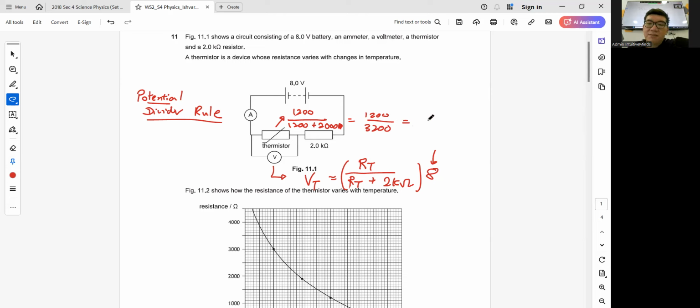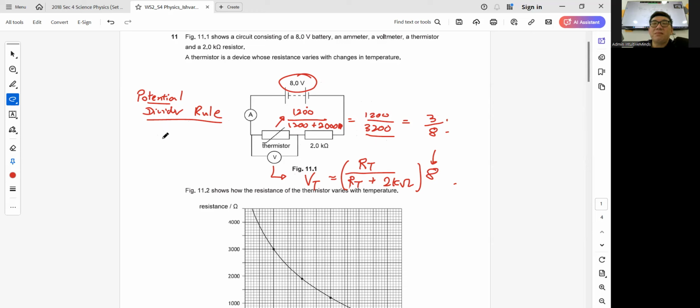Let's calculate that. Give me in terms of fraction. So it's basically saying that if my resistance is this much and my total resistance is this much, the amount of PD, potential difference, I should be getting from the 8 volt is a fraction of that. That's what it's trying to tell you. So the formula can be intimidating, the words can be intimidating, but it's actually a fraction.